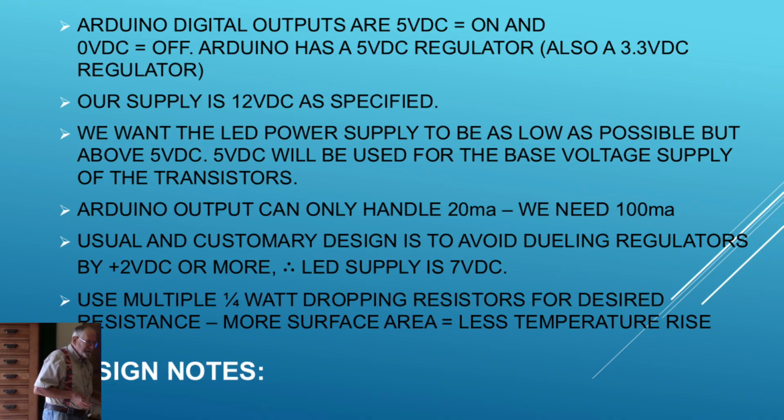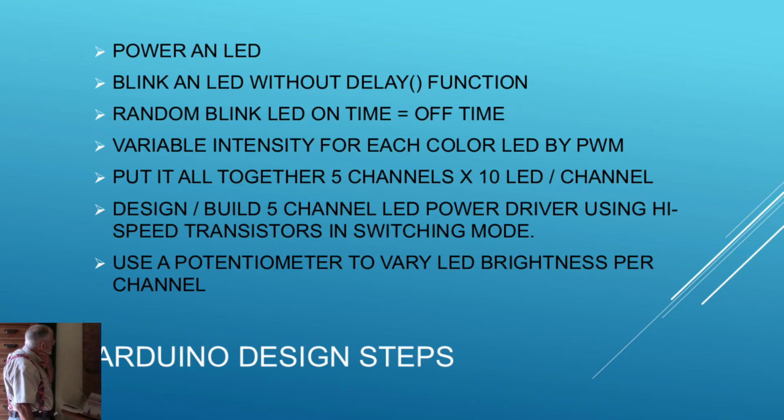That's a fairly big resistor. It costs a lot of money, and you have all that heat trying to get rid of through a relatively small surface area. So using multiple dropping resistors for the desired resistance gives you more surface area and therefore less temperature rise.